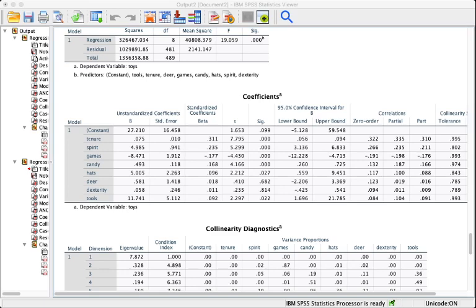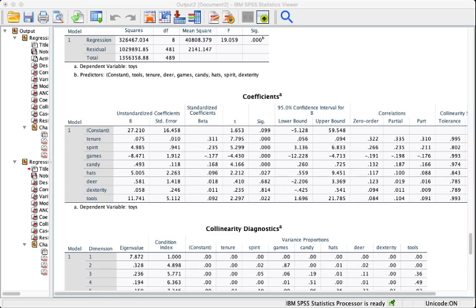So these first two columns, the unstandardized coefficients, if I look at tenure, for example, how I would interpret this first column would be to say, for every 1 unit increase in tenure, which is likely 1 year, so every 1 year increase in tenure, the number of toys made per day increases by 0.075.